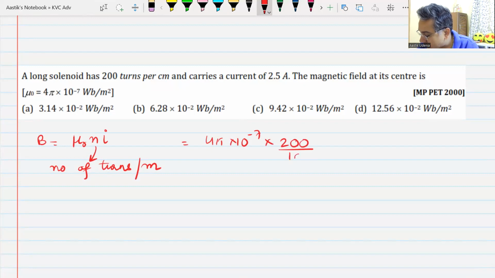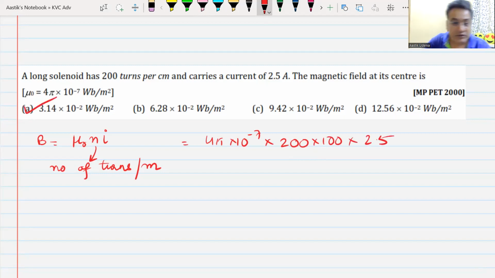So per meter, it will become this much. Is it divided by 100 or multiplied by 100? It is multiplied by 100. So don't make this mistake. Multiplied by 100, multiplied by 2.5. If you do it correctly, you should end up with option B. Anyone got this?